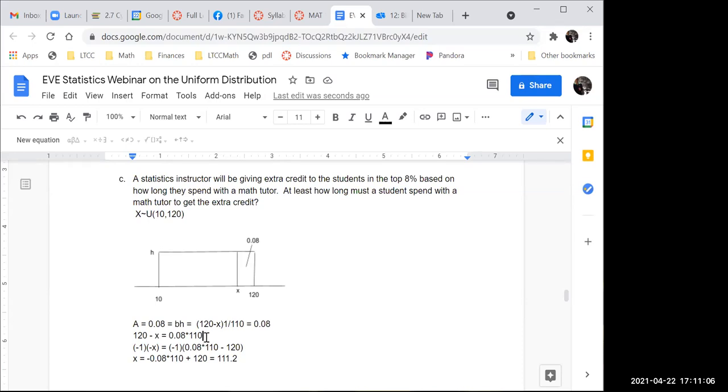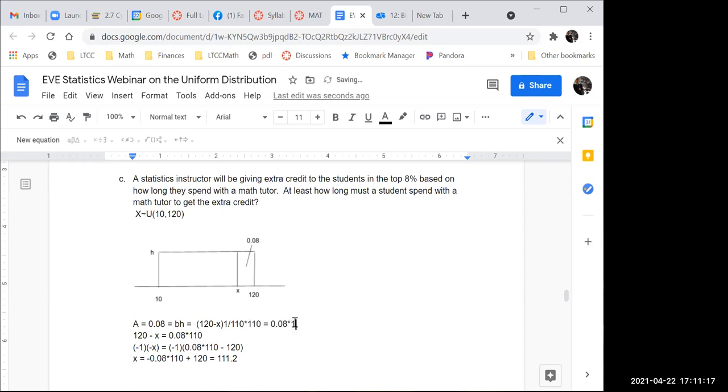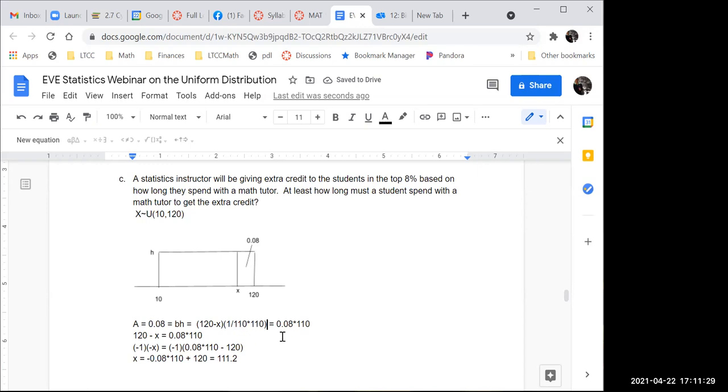Can you show how you would solve that when you were multiplying by 110 on both sides? You want to see that? Yeah, I want to see how that works. So what is 1 over 110 times 110? No, that's not what I don't get. What I don't get is, how do I?